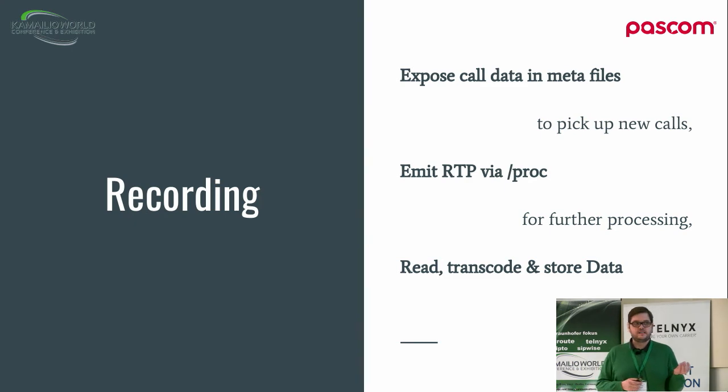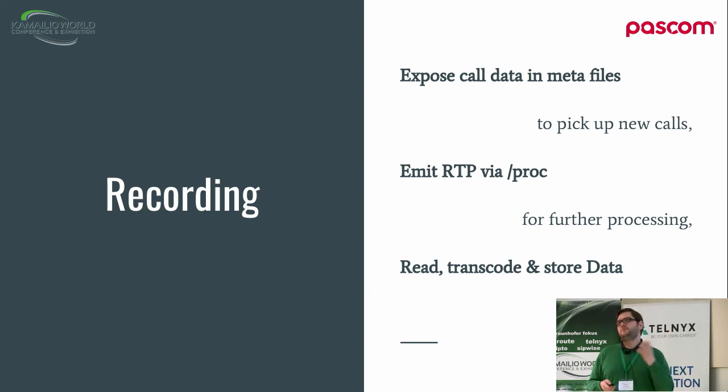That means you're not limited anymore to what RTPEngine itself can do, because, for instance, the capturing is implemented directly in RTPEngine. Now you have a general purpose framework where you just get a meta file and your proc interface, and you can read your RTP data in real time from there and do whatever you want with it, right?